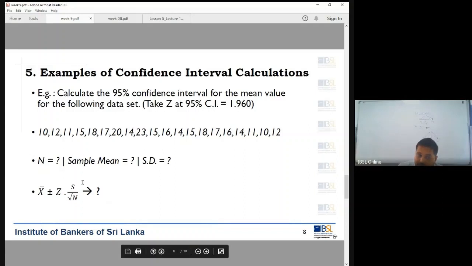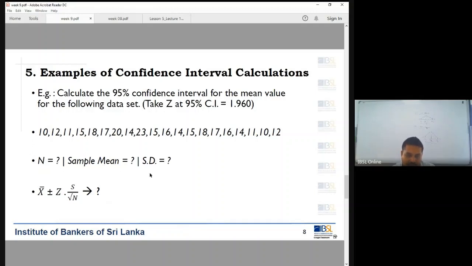What about the standard deviation? You have calculated it here. You can use that value here. And the number of items, just by counting the items given here. If you could take a minute, you can calculate this, but in the interest of time, I'll give you the answers also. You have 20 items in the sample.